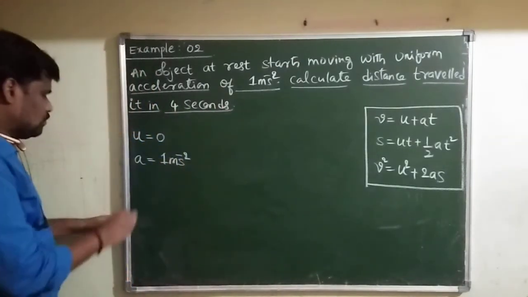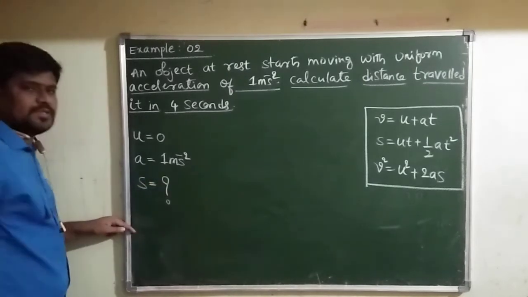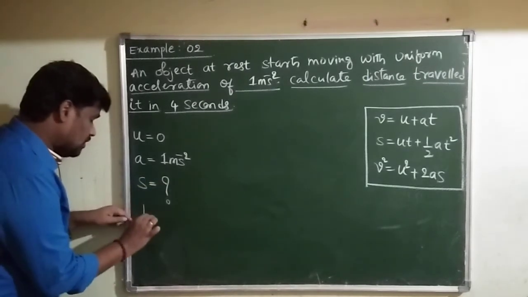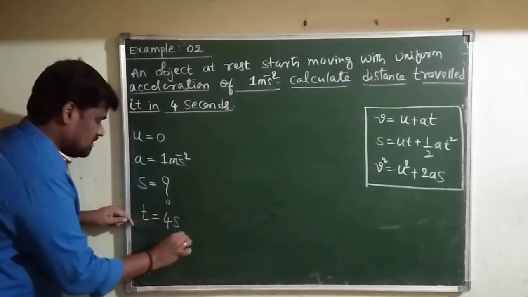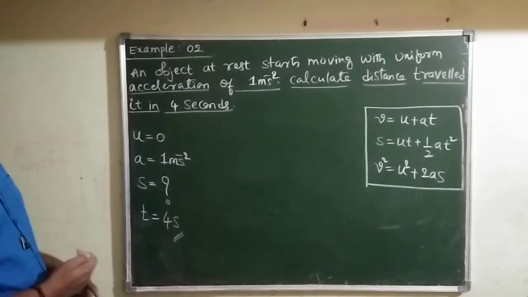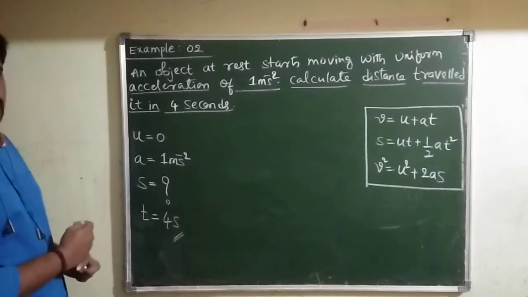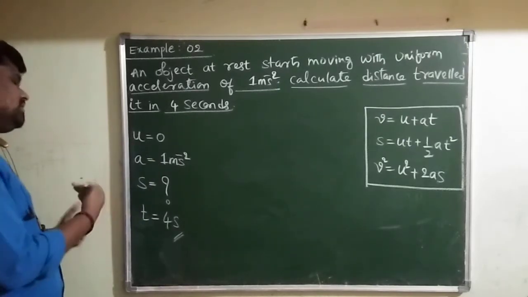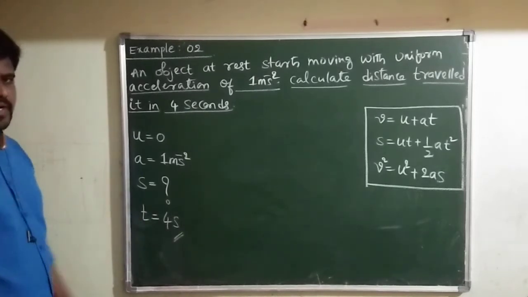They are asking you to calculate the distance traveled by the body, that is the S value, at the end of 4 seconds. As I said, you can make use of the first and second equation of motion provided the time is given in the problem. Obviously the time is given here.